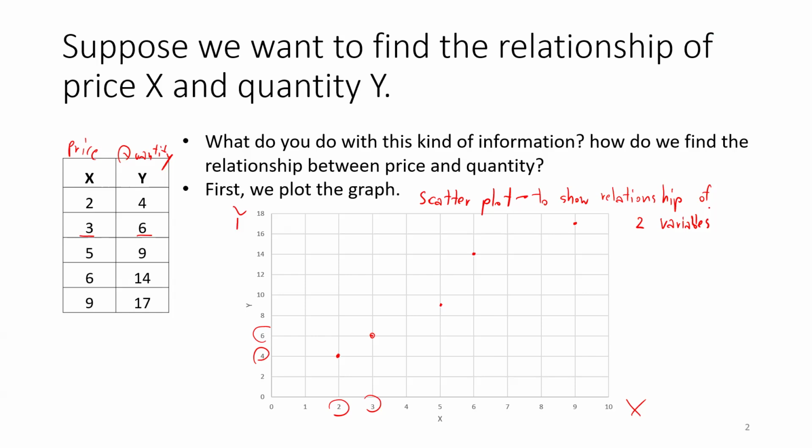And then after you plot the data, you may be familiar with this chart. Oh, since price and quantity is a slope upward, wow, this will be a supply curve in economic theory.